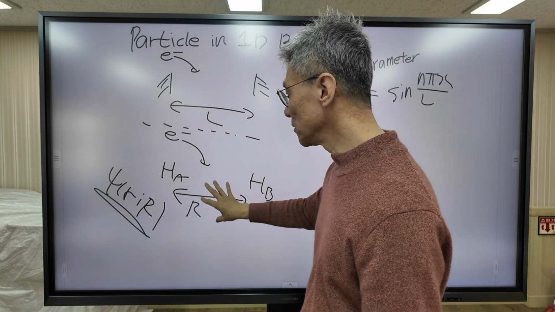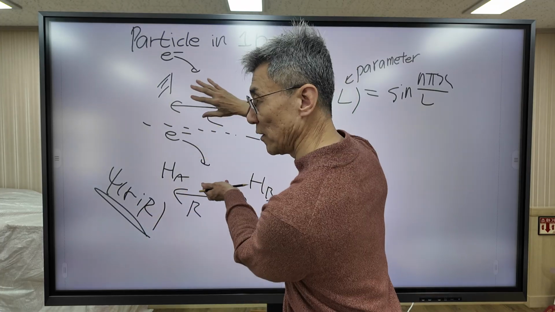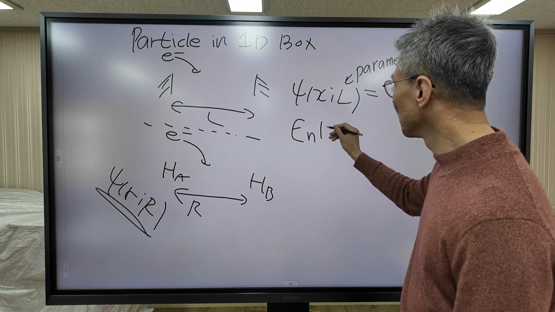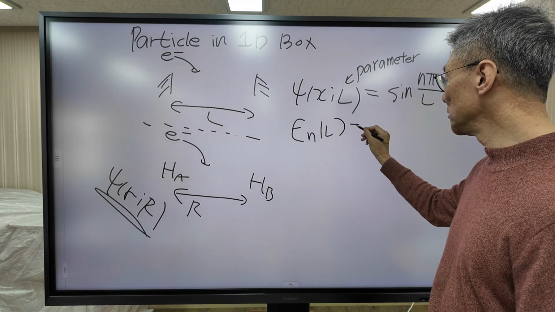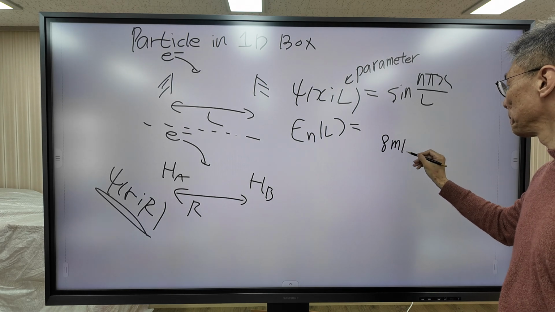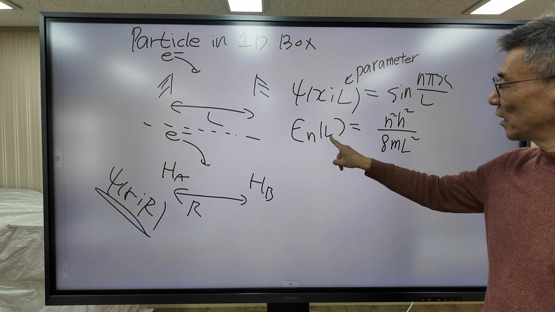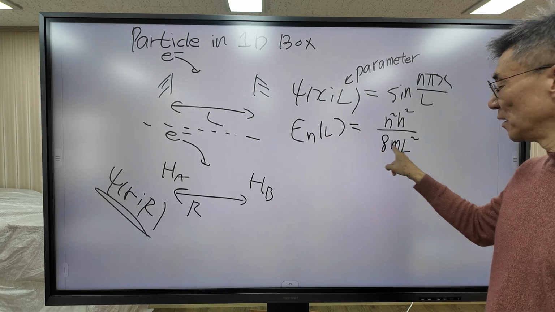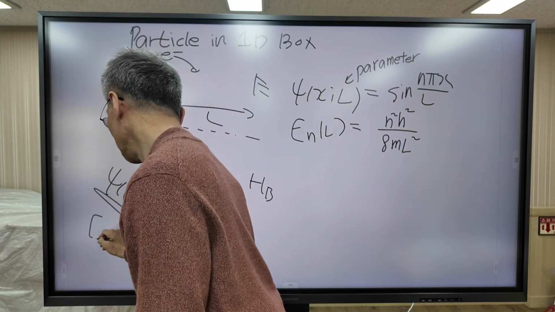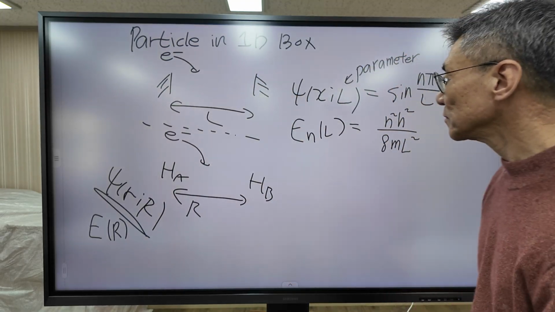Similarly, the wave function of the electron in the H2 plus molecule has the parameter large R. It is a very, very similar situation. And the energy also depends on L. As you know, the energy of a particle in a one-dimensional box is n squared h squared over 8mL squared. The energy of the orbital depends on L. Similarly, for the hydrogen molecule, the energy depends on large R. Very, very similar situation.